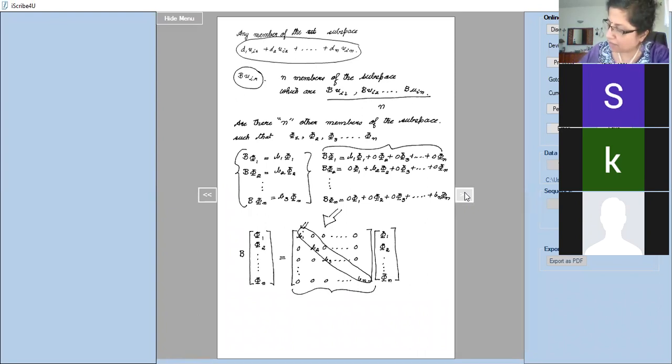You can also have something starting from this position and going till here, but that's not the leading diagonal. Leading diagonal is when it goes from this position to this position. So only the leading diagonal members are non-zero. Everything else is a zero. So this is a diagonal representation.